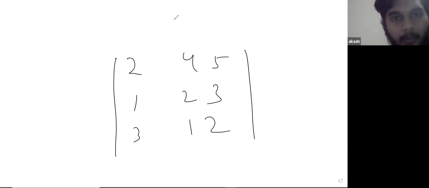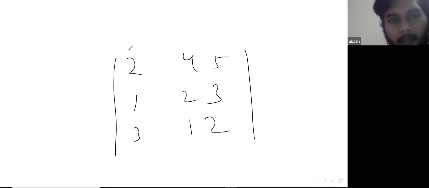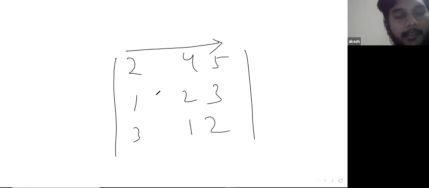Okay. Similarly, like we did before. Here, okay. See, take any row. I start with this. You can take any column also. It doesn't matter. I start with this. What is the first element? 2.